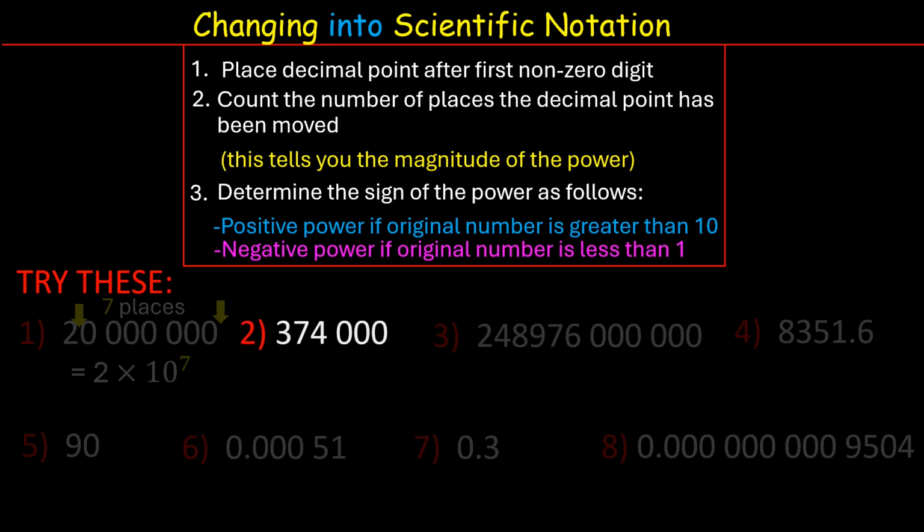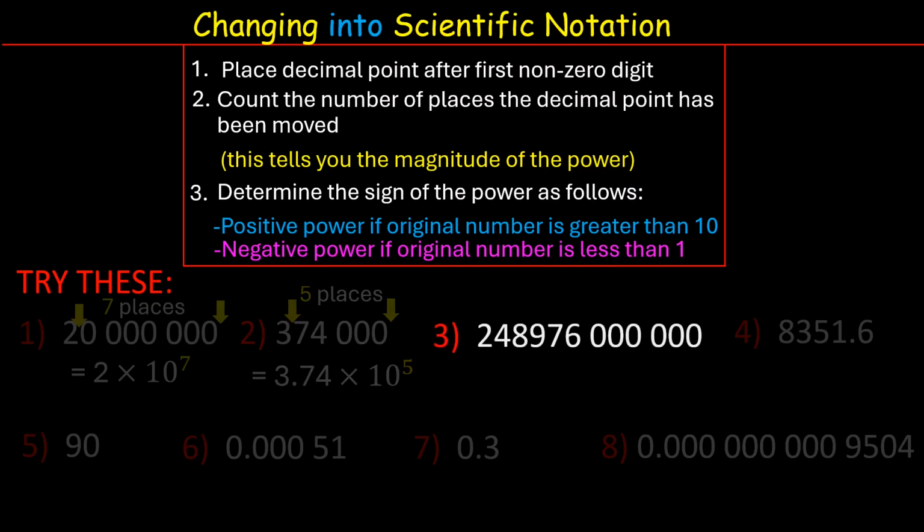In number 2, we move the decimal point from here to here, telling us the power of 10 is 5. So our answer is 3.74 multiplied by 10 to the power of 5. I won't keep adding zeros for every example, just keep it in mind when greater precision is required. In example 3, we move the decimal point from here to here 11 places, giving this answer.